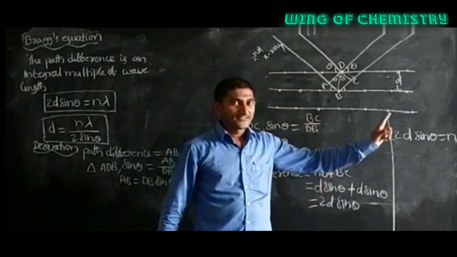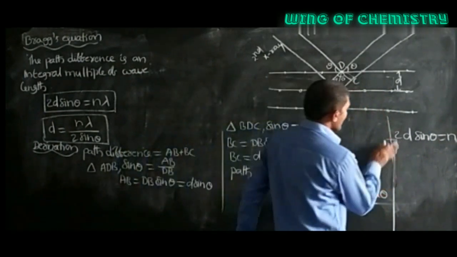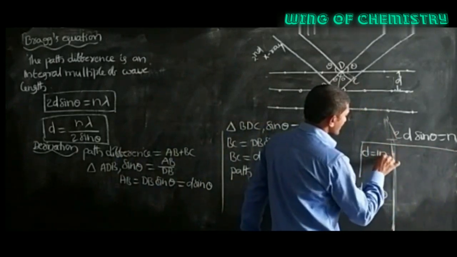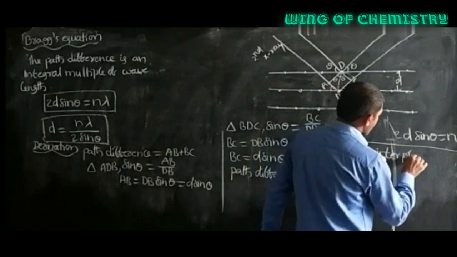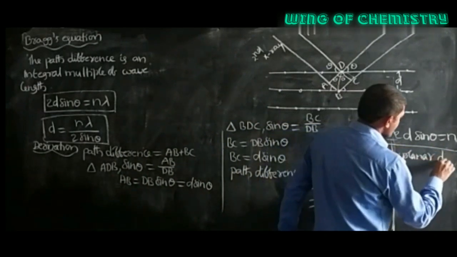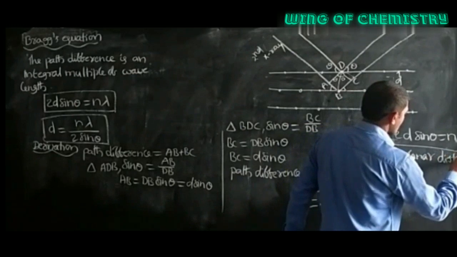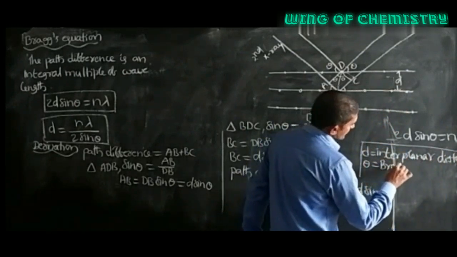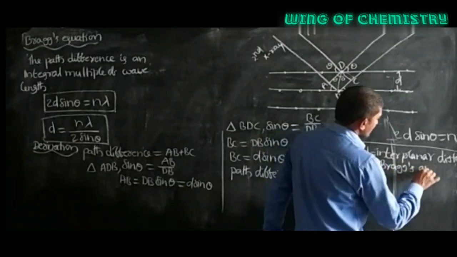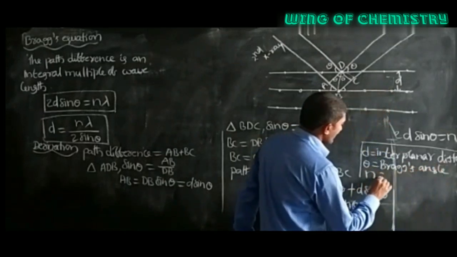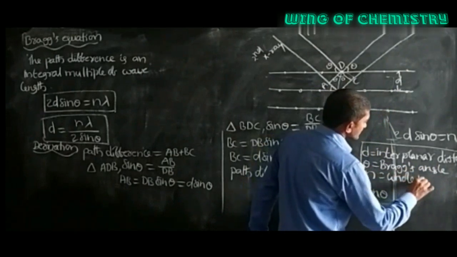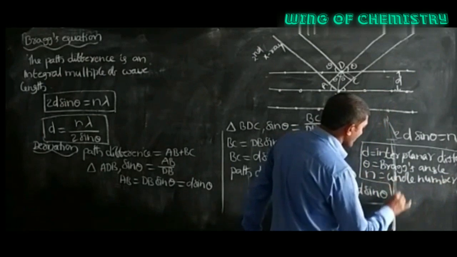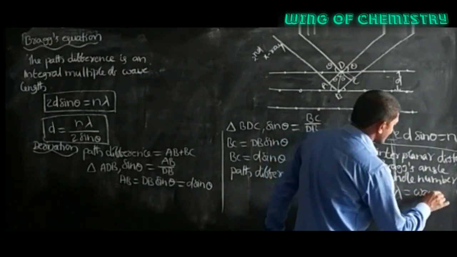This is Bragg's equation. Here, d is the interplanar distance, theta is Bragg's angle, n is the whole number or order, and lambda is the wavelength.